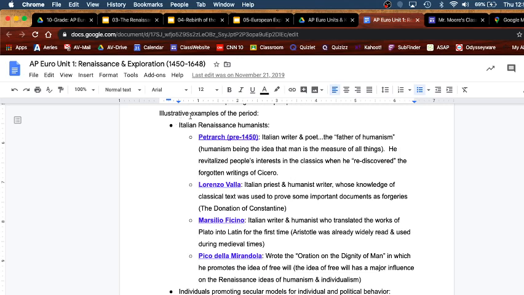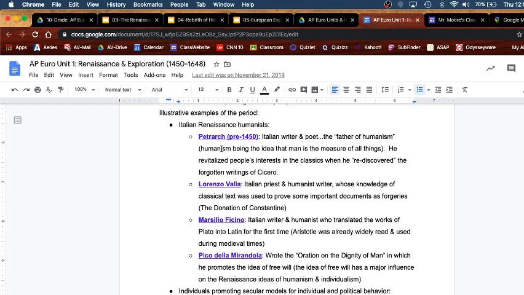So right here it says illustrative examples of the period. For Italian Renaissance humanists, if you were going to use an example, here are some you could use. The first one is Petrarch. Even though he really lived before 1450, when this class starts, he's seen as the father of humanism. He's an Italian writer and poet.